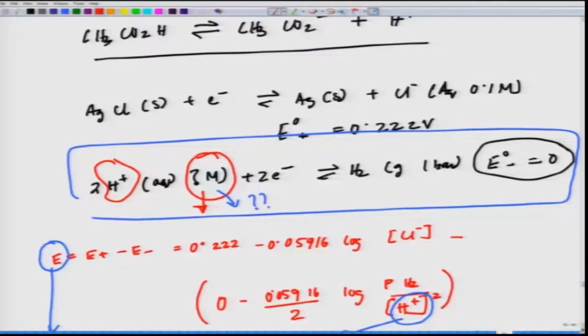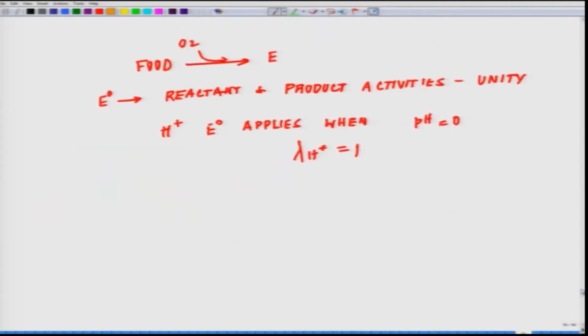But think of a situation, think of the last class when we talked about a situation like this, where one of the key contestants is this. Now, as soon as you have H plus ions coming into play, the game changes, because it shifts the pH, and as soon as it shifts the pH, then the dissociation, association, all the activities, everything go for a toss.